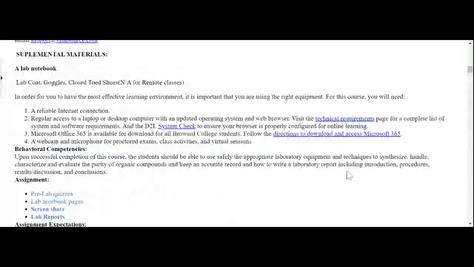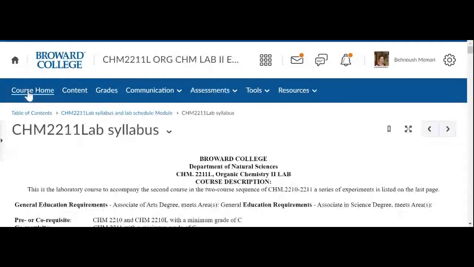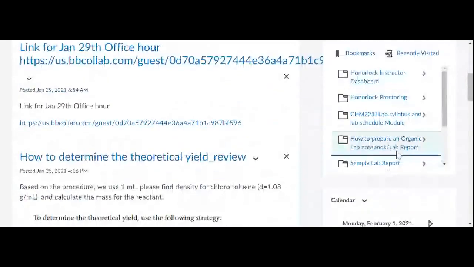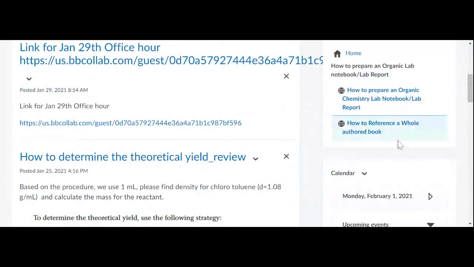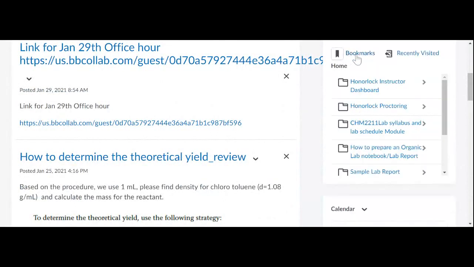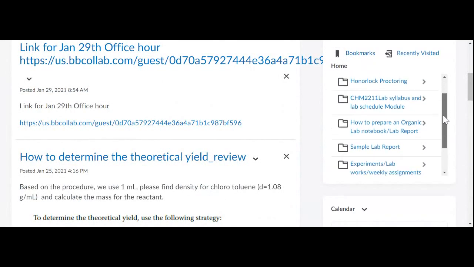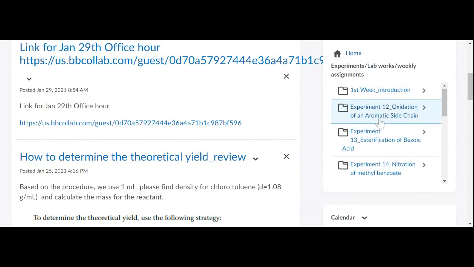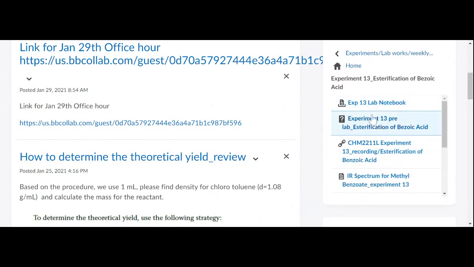The IR spectrum that we have here, I'm going to share the D12. If you go to experiments and lab work, go to experiment 13.